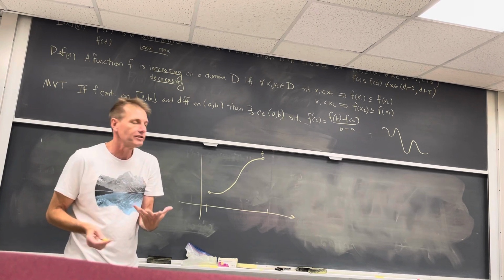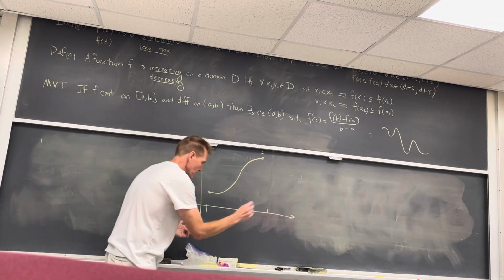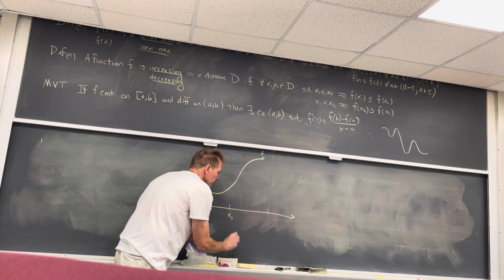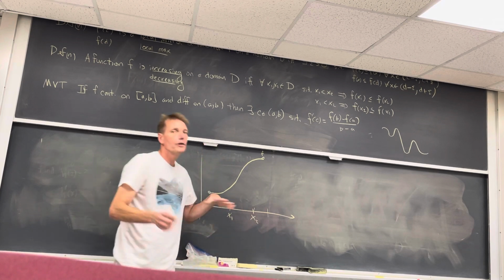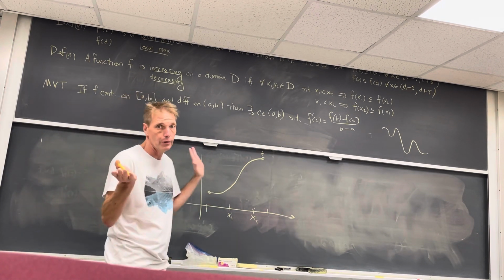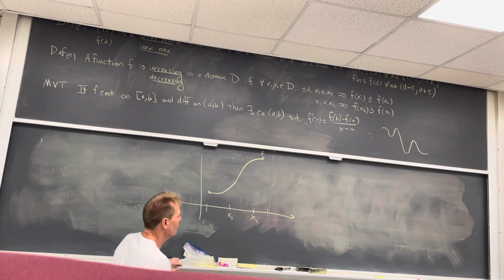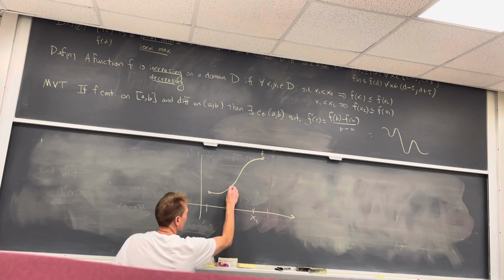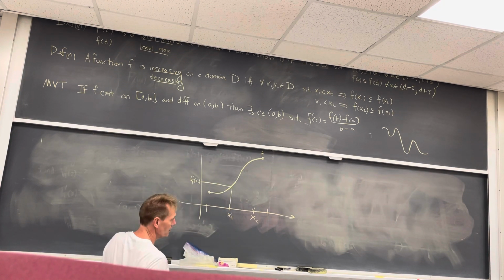The only requirements are that they're in D and that x1 is less than x2. So here's an x1, and here's an x2. And we all agree that this is now an increasing function. Now I want to show you that this meets the definition, because if I look at f of x1, it's here.